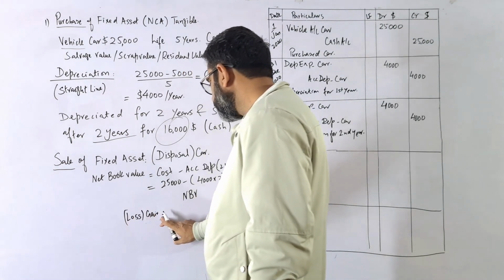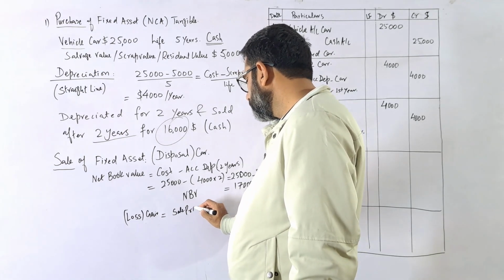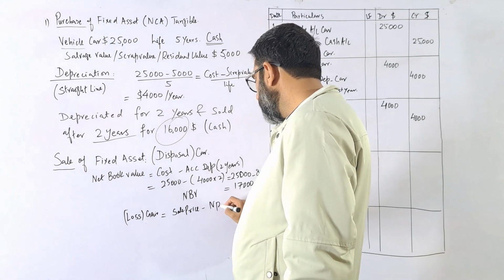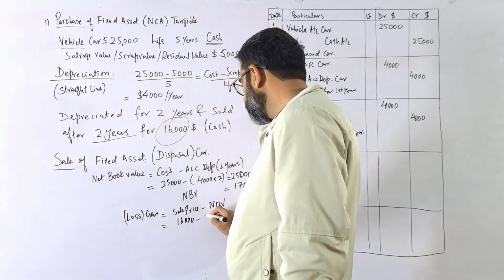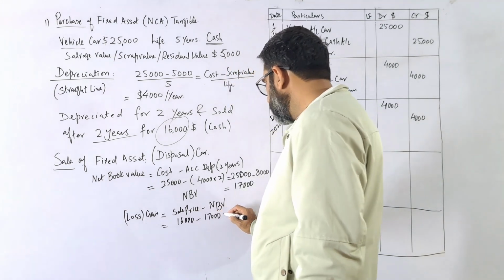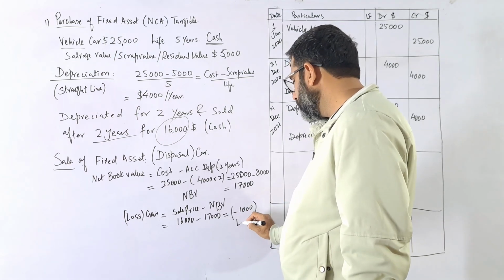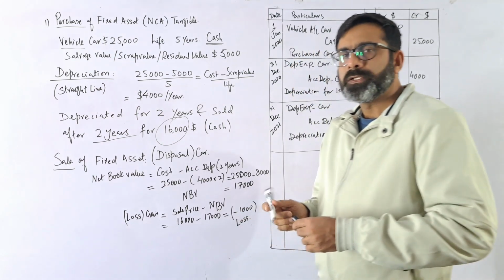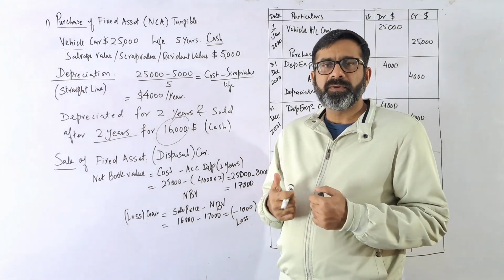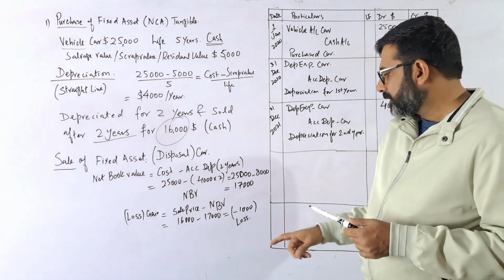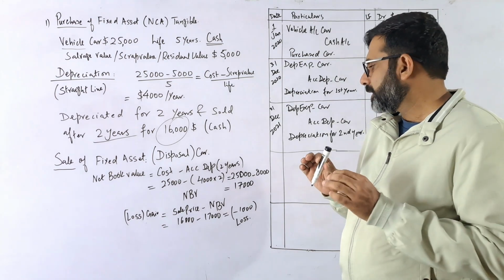It is simply the sale price minus the net book value. The sale price is 16,000. Net book value is 17,000. So the answer is minus 1,000. So it is negative, which means this is the loss. So after 2 years of use, the car is sold for 16,000, and 1,000 is the loss on the disposal of this asset.